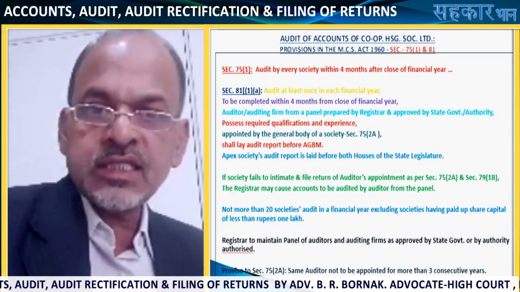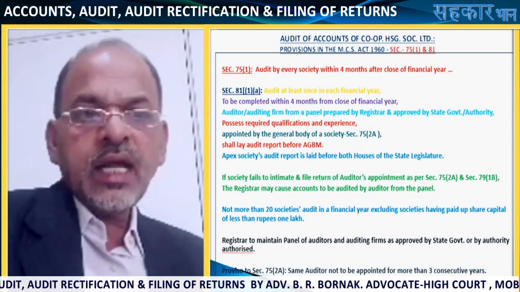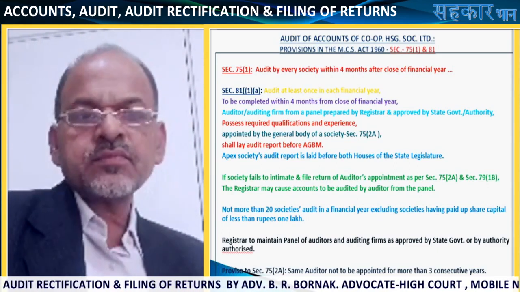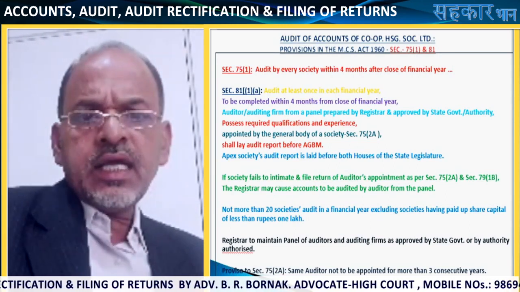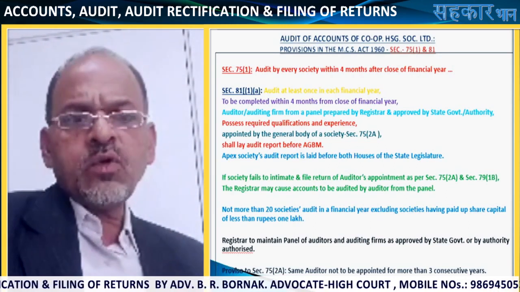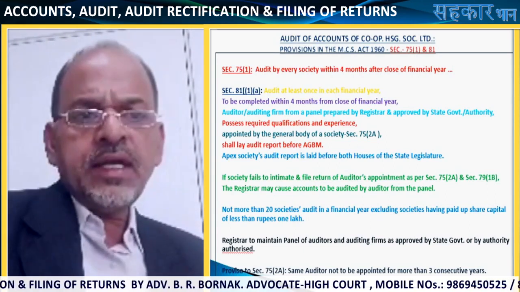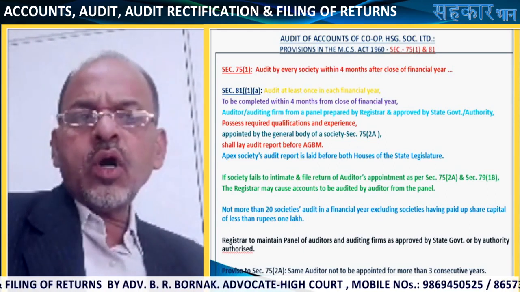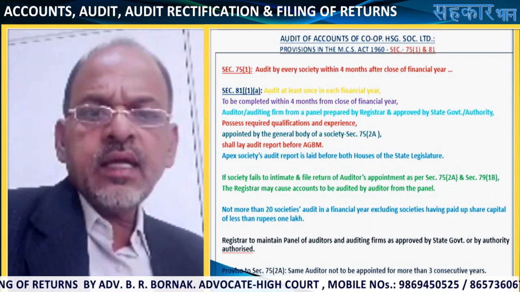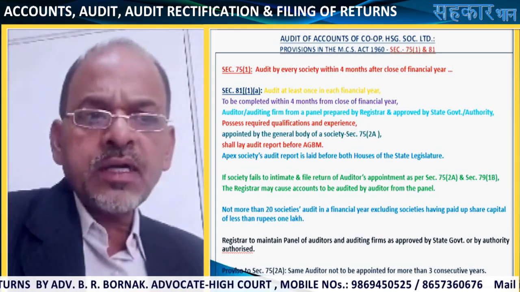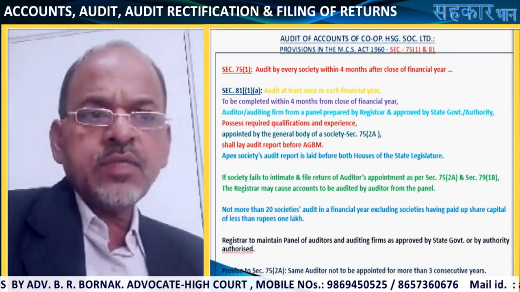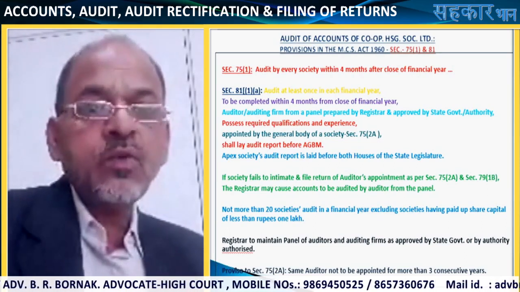Now here the society is required to intimate about the auditor's appointment and file a return of auditor's appointment as per section 75(2A) and section 79(1B). Okay, how will the registrar come to know that you have appointed an auditor?